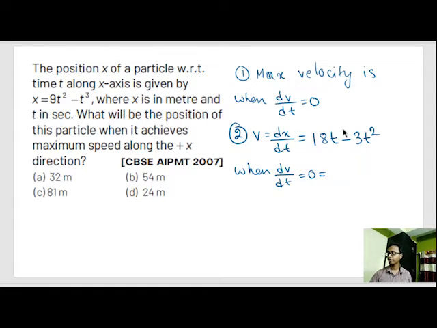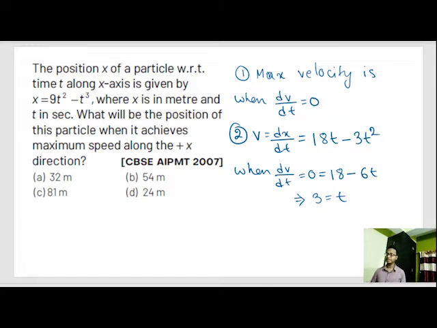So let's differentiate this equation. 18t becomes 18, minus 3t square becomes 6t, which is equal to 0. Or t is equal to 18 by 6, which is equal to 3 seconds.